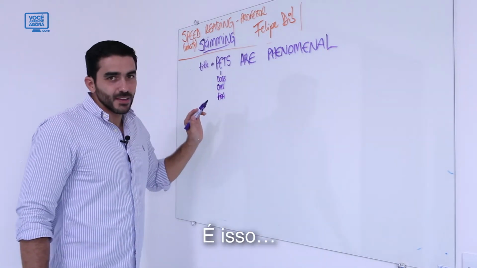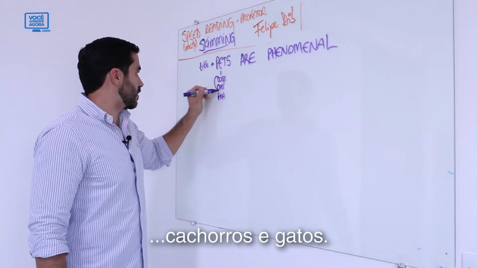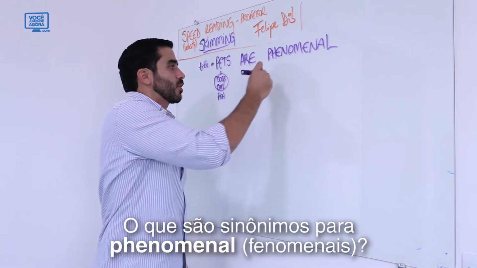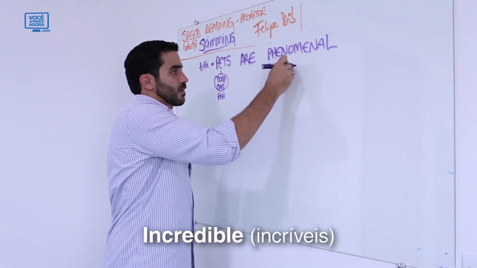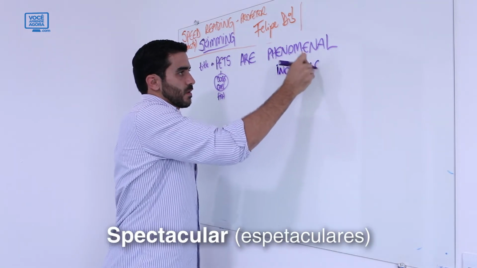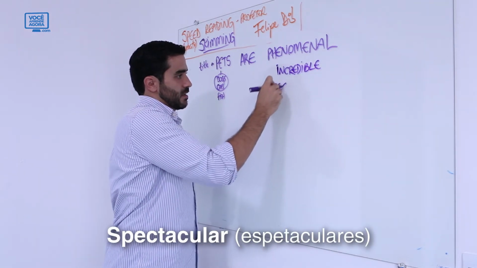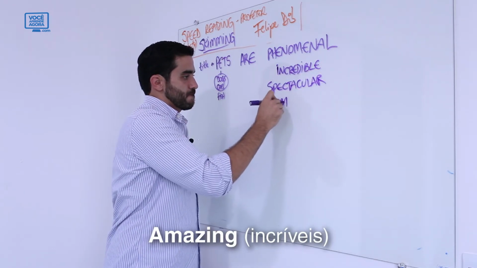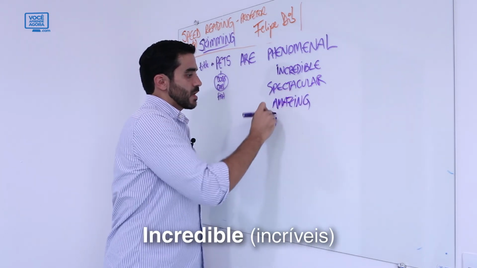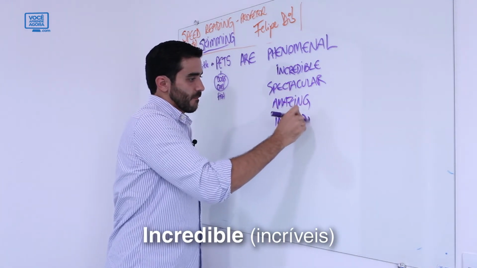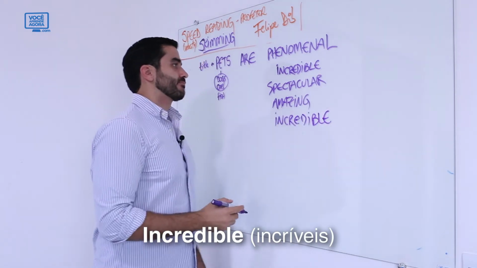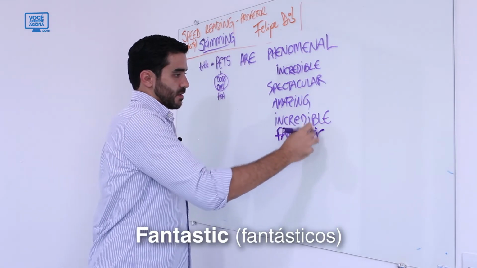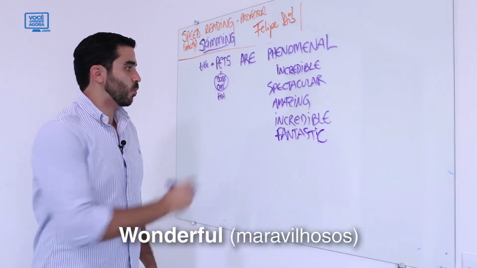But generally, pets are dogs and cats. They are phenomenal. Okay, what are synonyms for phenomenal? Incredible, spectacular, amazing, fantastic, wonderful.